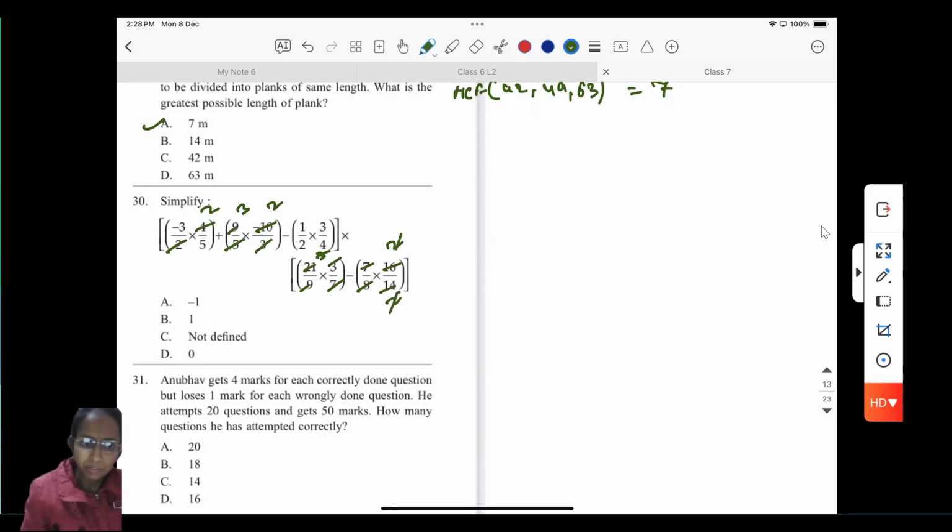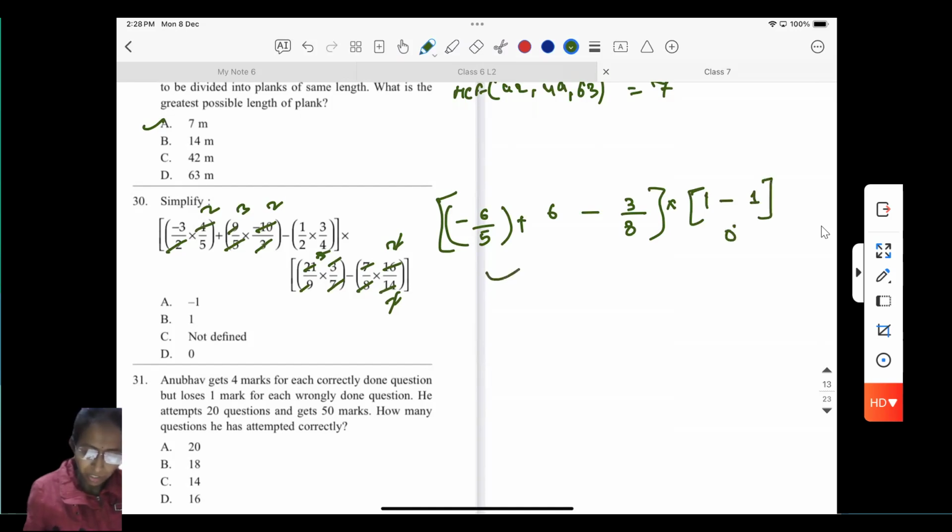Now rewriting the simplified form, this is minus 6 by 5 first bracket plus 6 minus 3 by 8 into, all the things got cancelled. So 1 minus again 1. So 1 minus 1 is 0, and when 0 is multiplied with any number, the result is 0.